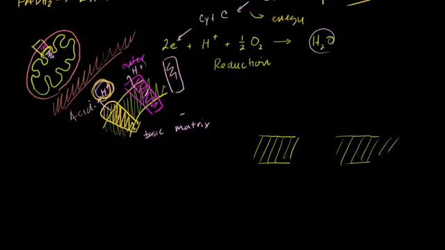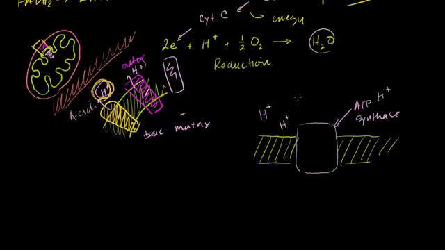There's a special protein called, and I'll show you a better diagram of what it looks like in a second, ATP synthase. And what happens is, remember, because of the electron transport chain, we have all of these hydrogen ions up here.